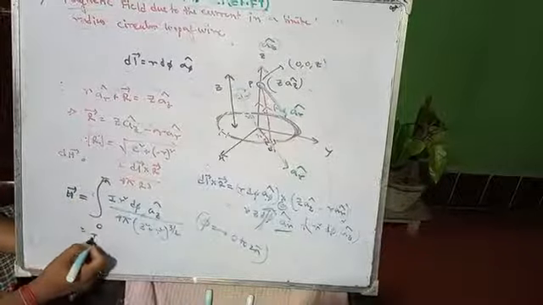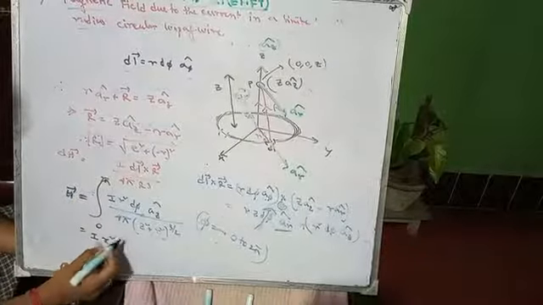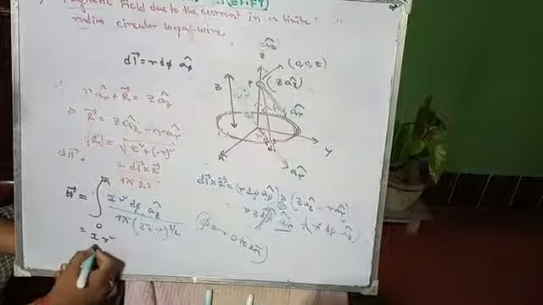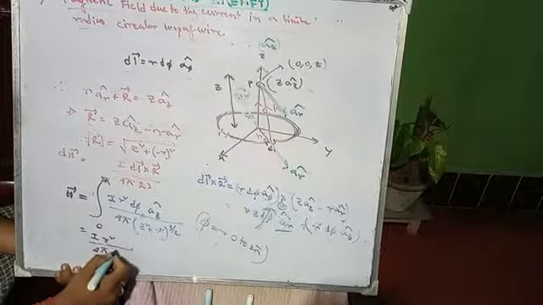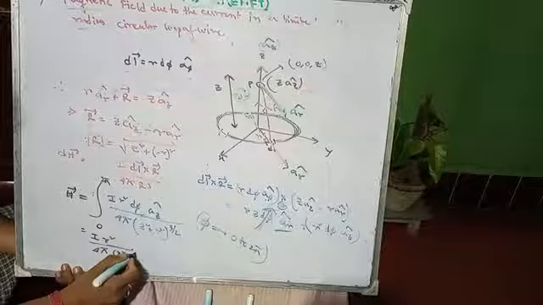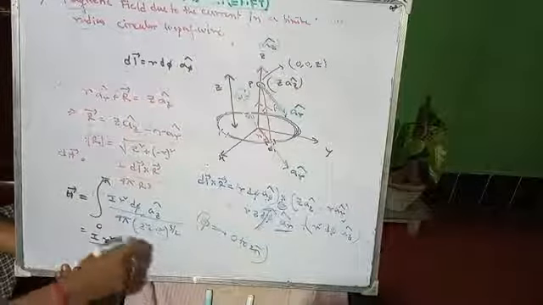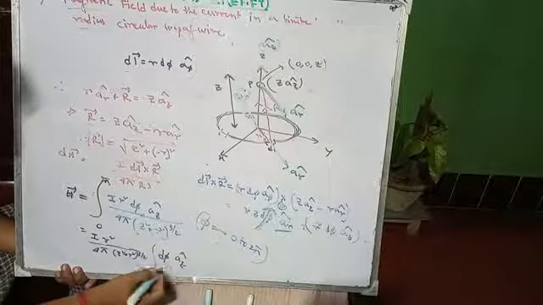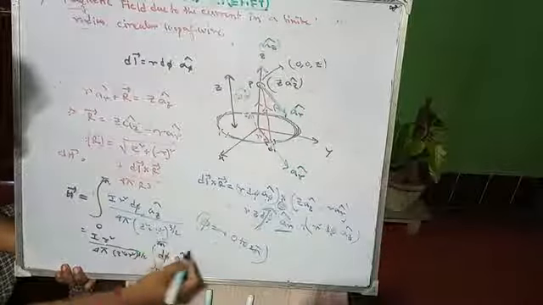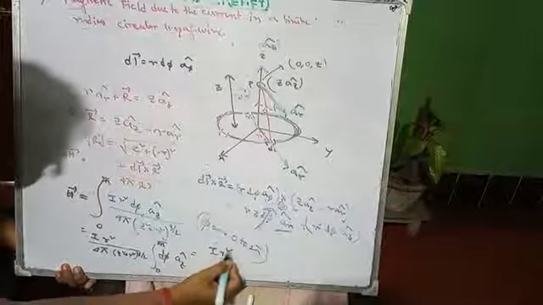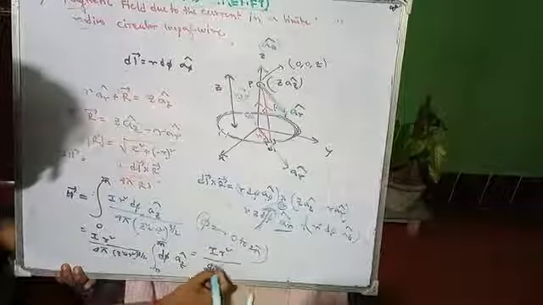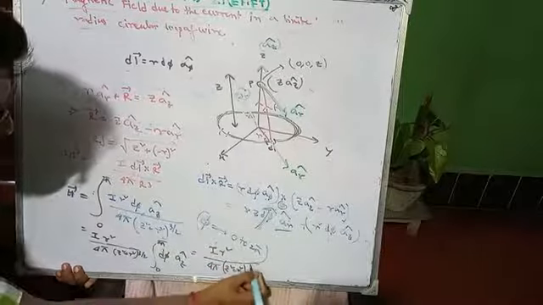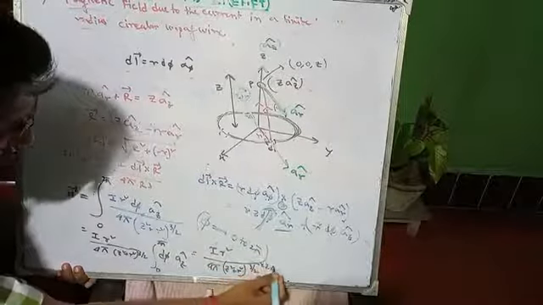So I R square, after integrating this dφ, all the rest are constants over here. So what is left is H equals I R square by 4π (Z square plus R square) to the power 3 by 2, into 2π.